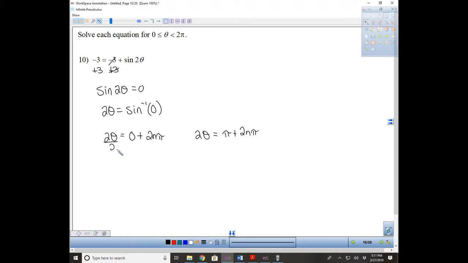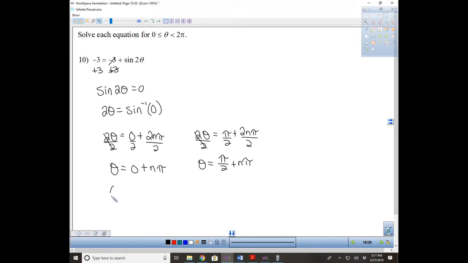So I divide by 2. So I've got theta is equal to 0 plus n pi. Same thing on this side. Theta is equal to pi over 2 plus n pi. So again, I'm looking for numbers that are going to be smaller than 2 pi.